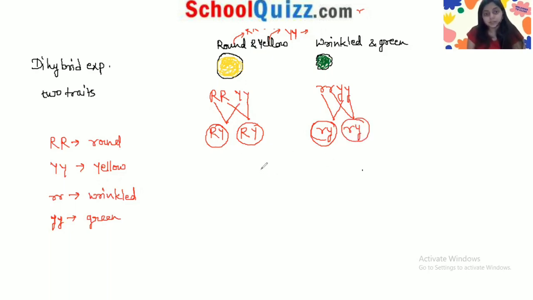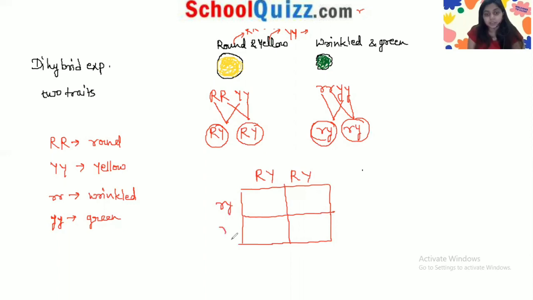Now what will happen if they are crossed? Which seed will be found? So let's see, RY and RY. Let's take a square, and here we have R, small r, Y and small y, and if they are crossed then we will find capital R, small r, capital Y and small y.